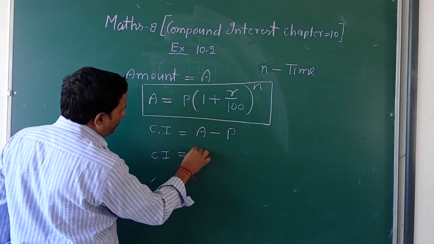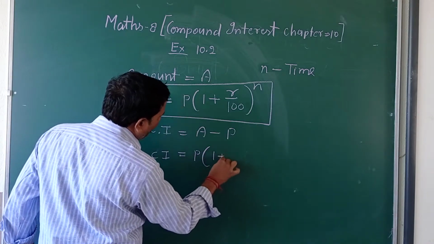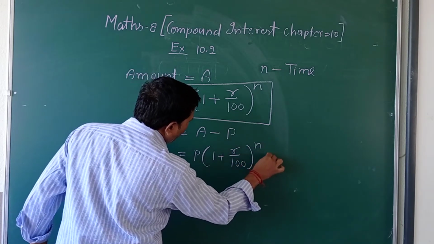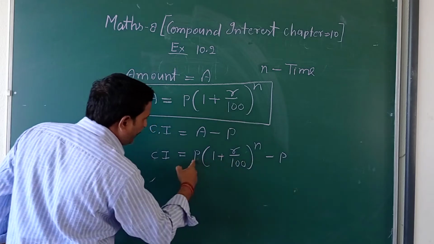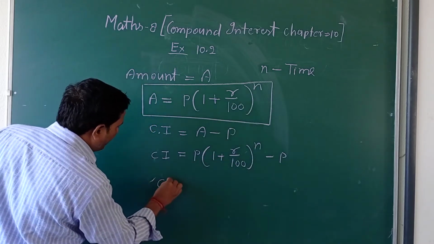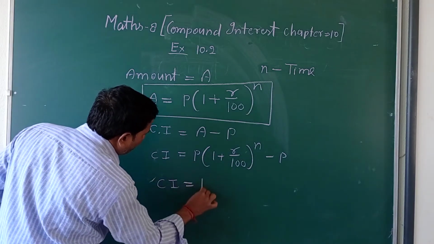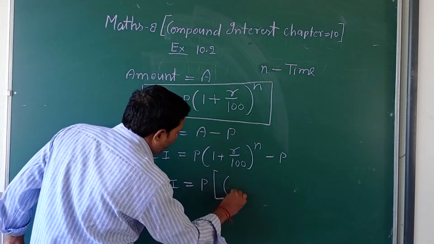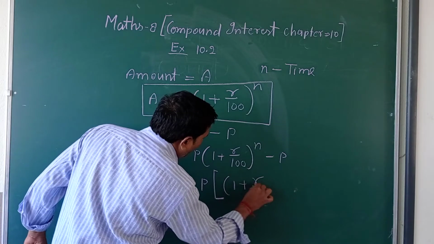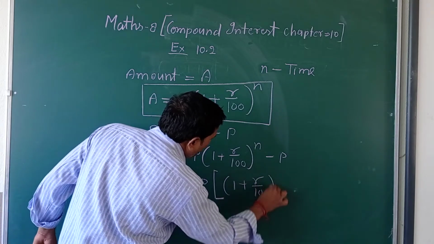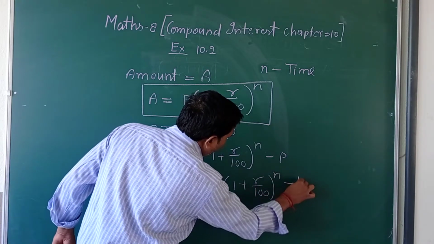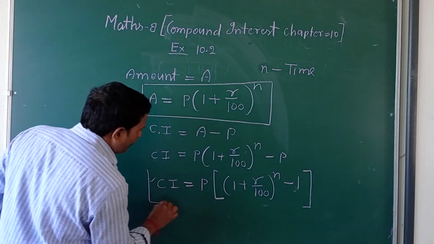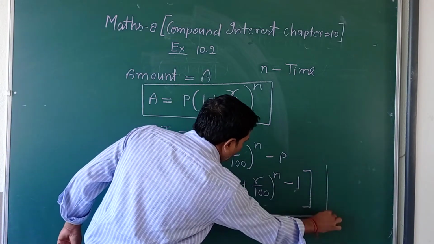Amount value is P(1 + R/100)^n minus P. Now taking P as common, CI is equal to principal [(1 + R/100)^n minus 1]. This formula we can use directly to calculate compound interest.